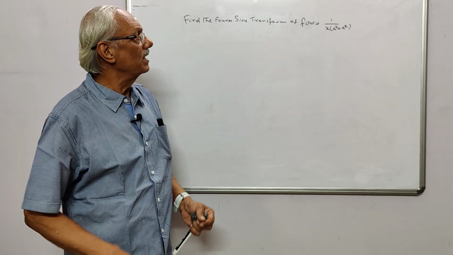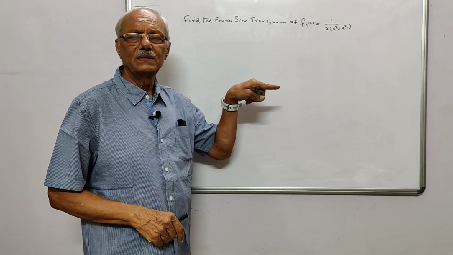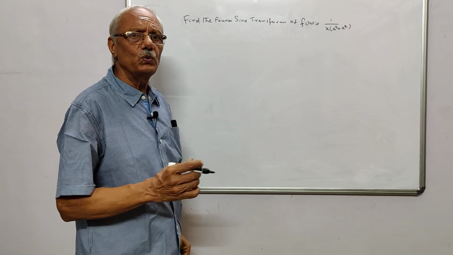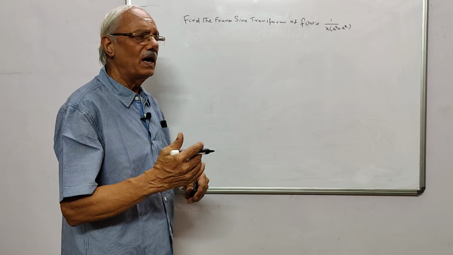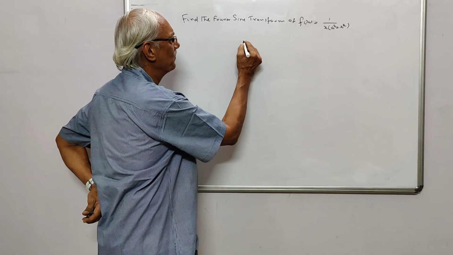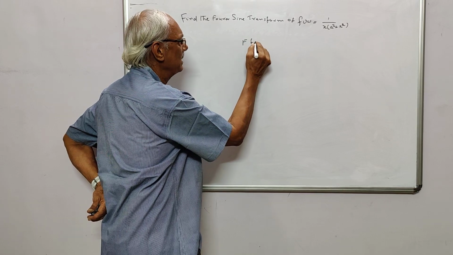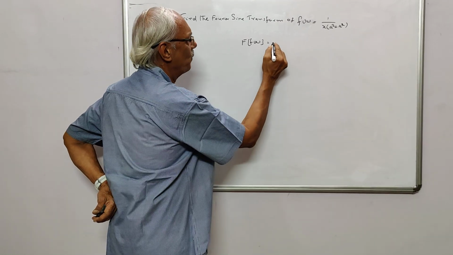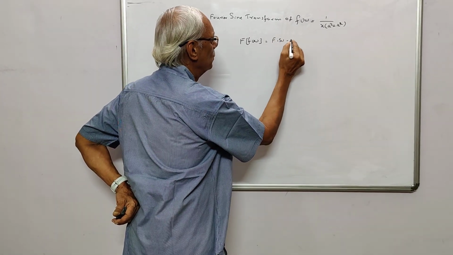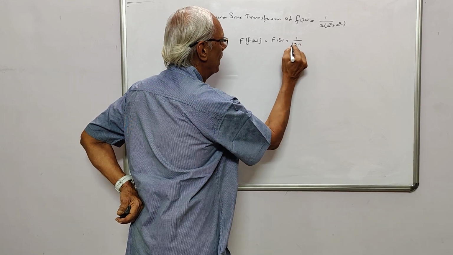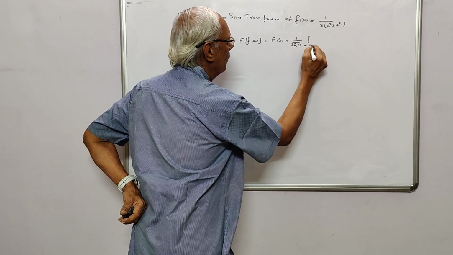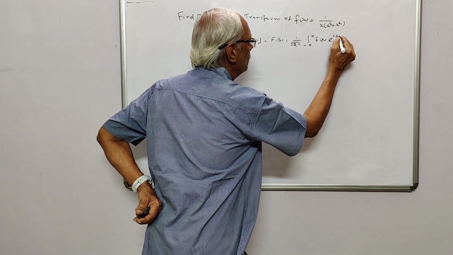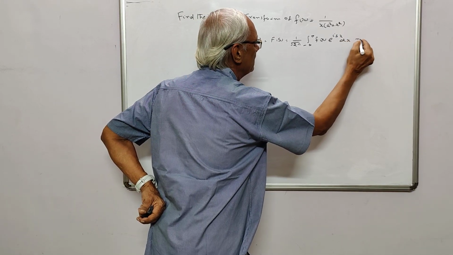I am continuing with Fourier transforms, but sine transform, and I have taught you Fourier transform. A Fourier transform is given by, if f of x is a function, then the Fourier transform of this is given by F of s equals 1 by 2 pi integral from minus infinity to plus infinity f of x e to the power of isx dx.